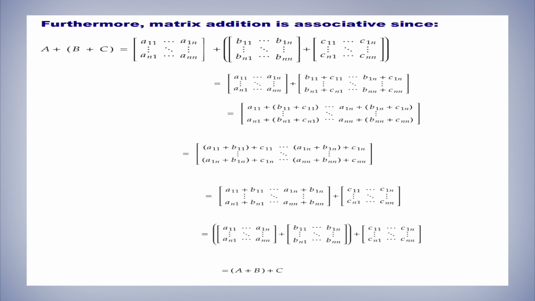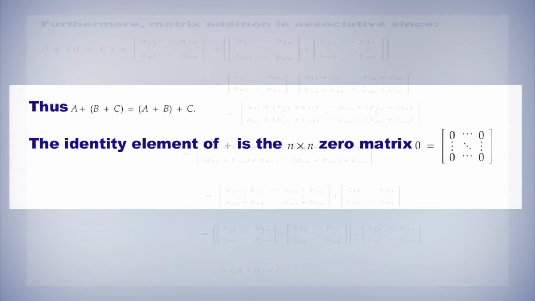Plus already C is separated, so C11, C12 and so on C1n, like Cn1, Cn2 and so on Cnn. So what is the result now we get? A plus B plus C. Thus (A + B) + C is equal to A + (B + C).